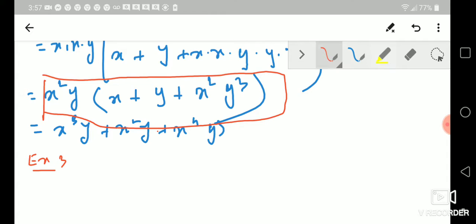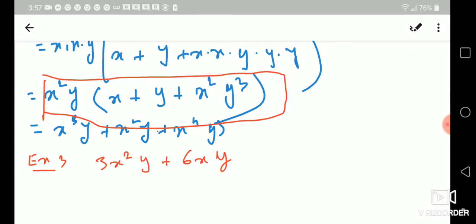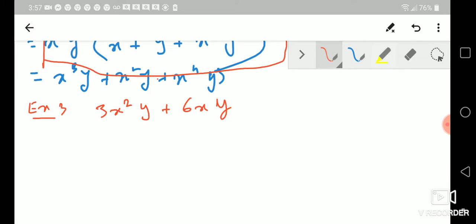Example 3, let's say we have 3x2y plus 6xy. Even with these numbers, the coefficients, we solve in the same method. First we'll simplify the numbers. 3 we cannot simplify any further, so we'll leave it as it is.